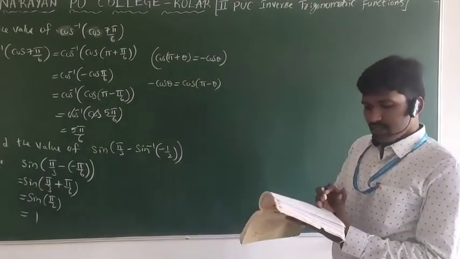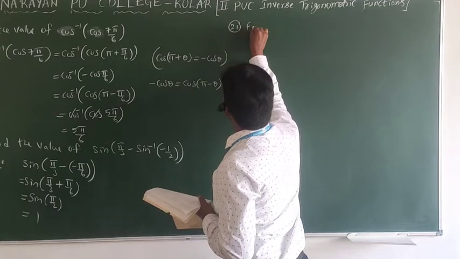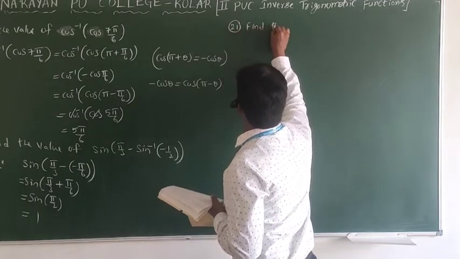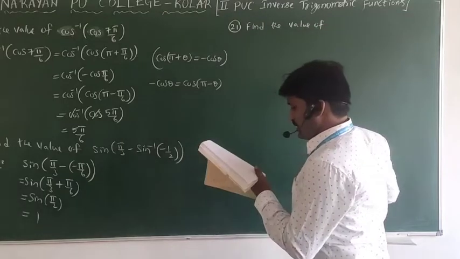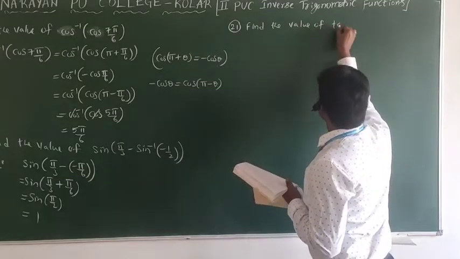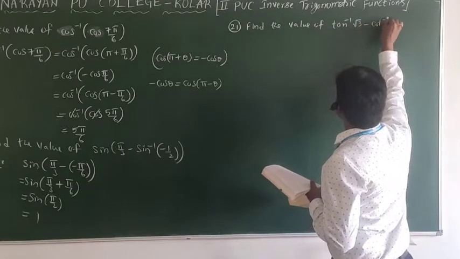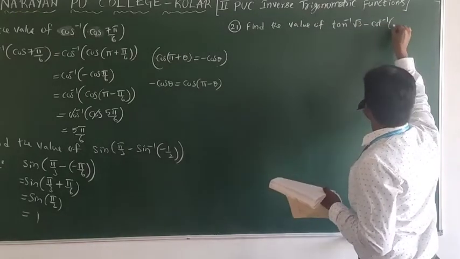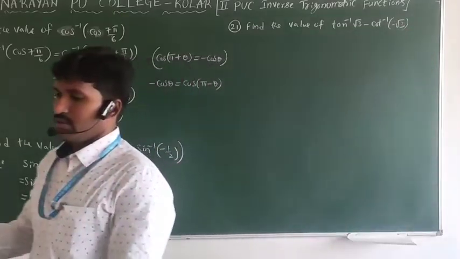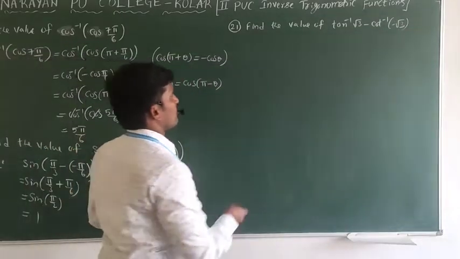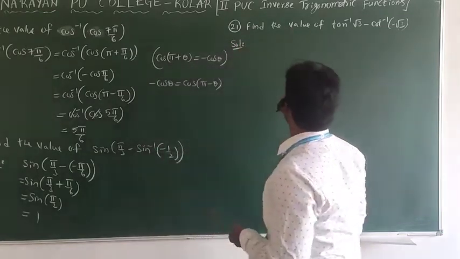Question number 21. Find the value of tan inverse root 3 minus cot inverse of minus root 3. We need to find these two values, and finally we can evaluate the overall value.